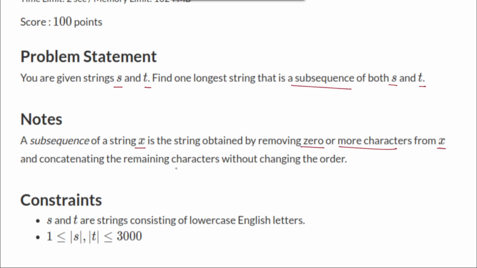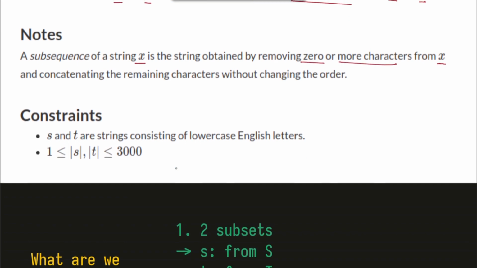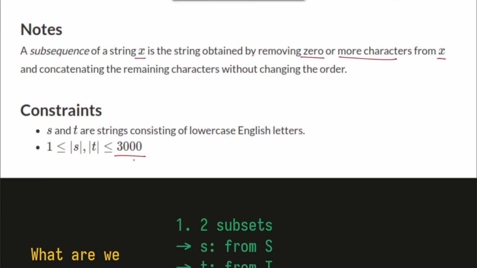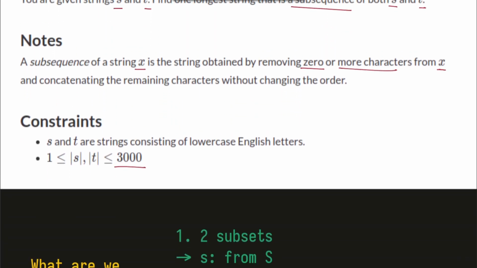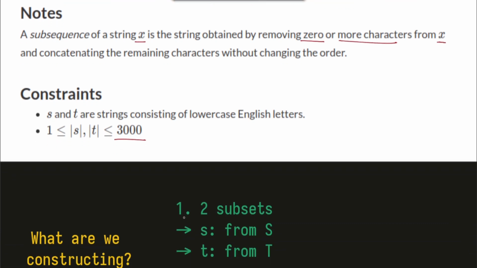So a subsequence is the same as a subset, and the constraints for the lengths of S and T are up to 3000. Let's go over some observations for this.